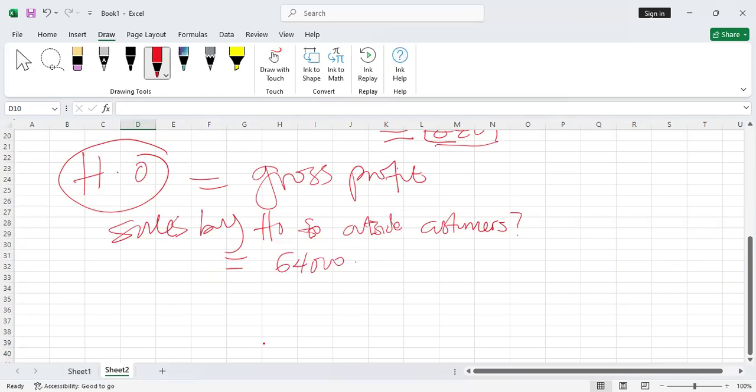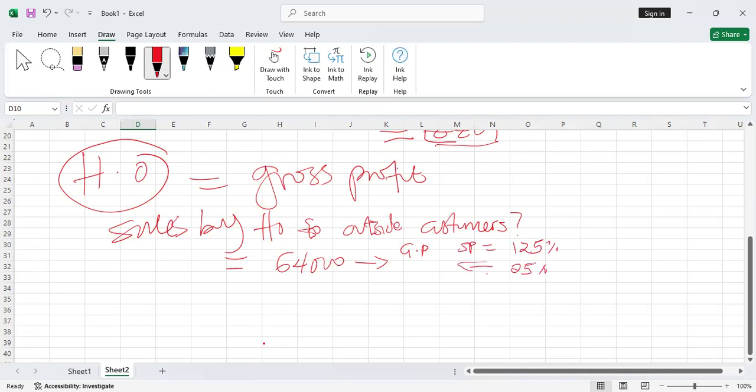We need to ask ourselves, what is the gross profit? Remember, the selling price equals to 125%. Now, the profit is 25%. Now, can you work it out?